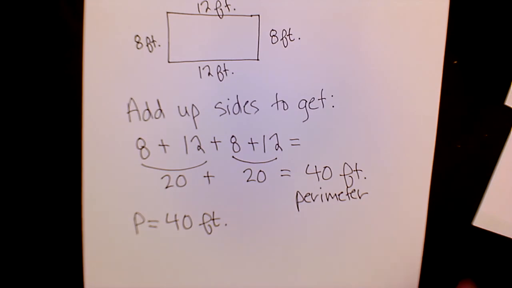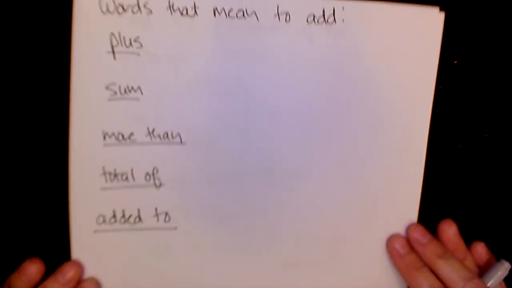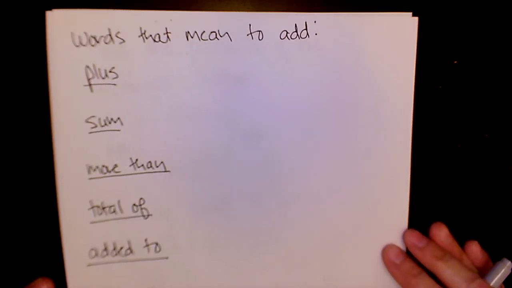Easy. So on the homework, there's one perimeter problem, it has different sides and it labels all the sides, so all you have to do is add up all the sides to get the perimeter. And the last part of this section, we're just going to be talking about words that mean to add.